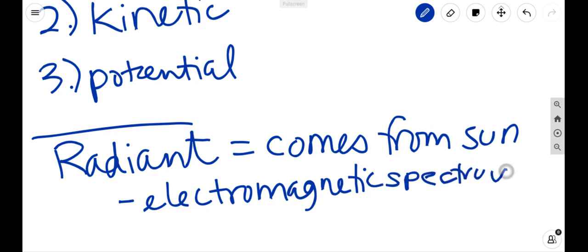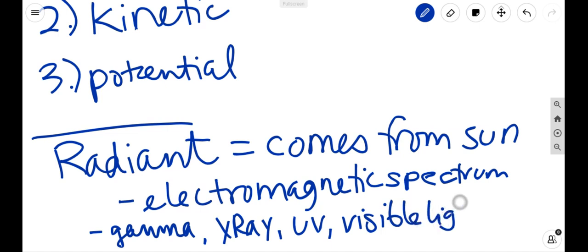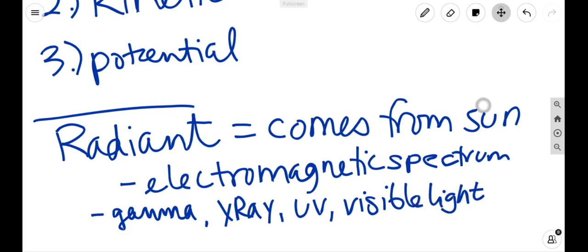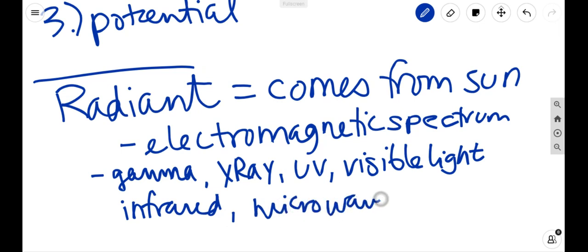And maybe once I list them, you'll go, oh, yeah, I remember those. So the parts of the electromagnetic spectrum are gamma, X-ray, ultraviolet, visible light, infrared, microwaves, and radio/TV.